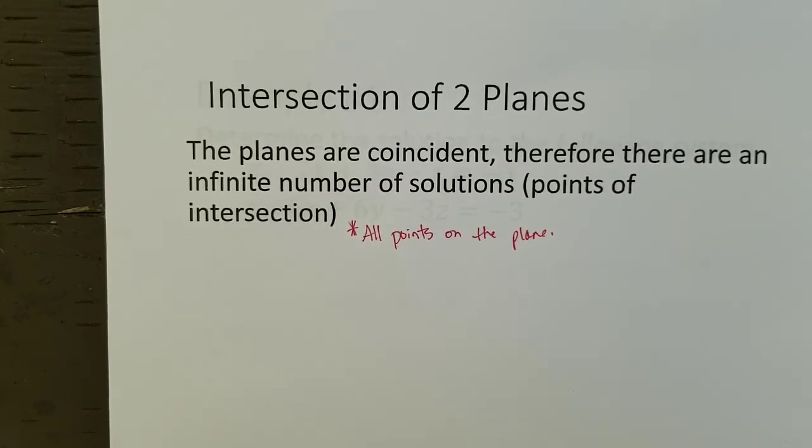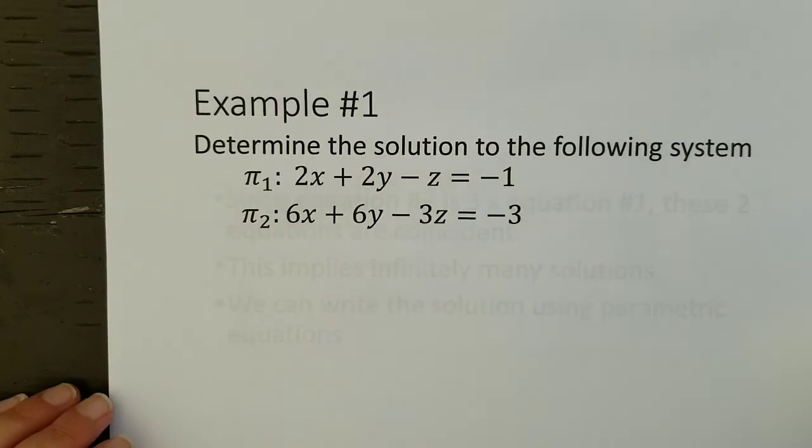So case three is a slightly broader definition of the infinite number of points. We would have to include all of the points on the plane, and in case one, you're still going to have an infinite number of solutions, but you have to define it as the points on that line. So we're going to take a look at a few examples.